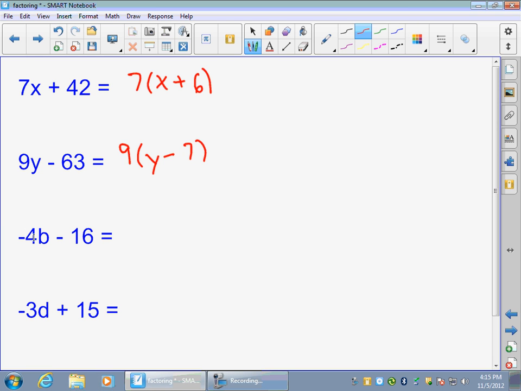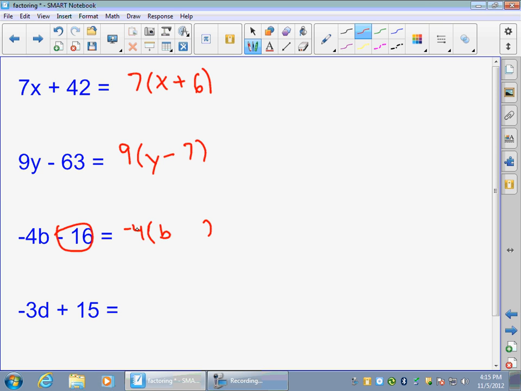Okay? Down here, now I have noticed that I've got a negative 4 in front of the b. So that's going to be really important. So instead of just bringing a 4 out, I'm going to have a negative 4 out front here. I still need the b. Now, I've got to think. This is a minus 16, a negative. I pulled a negative 4 out.